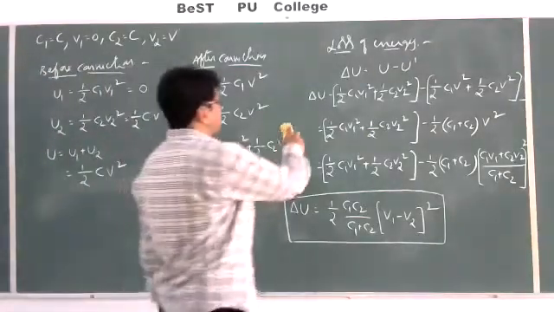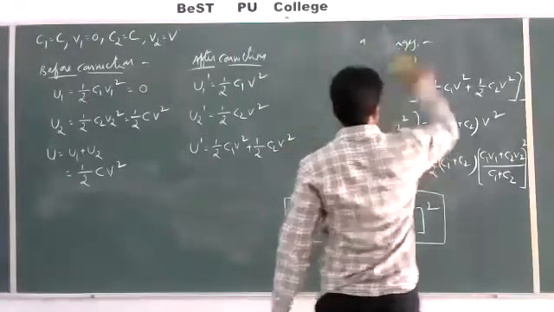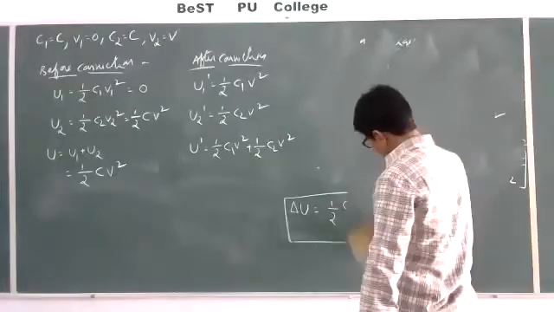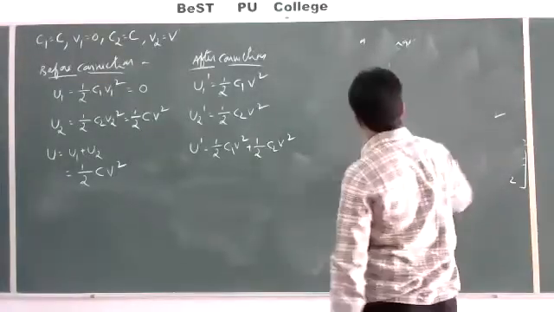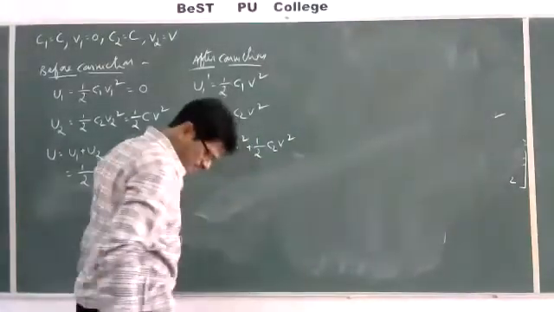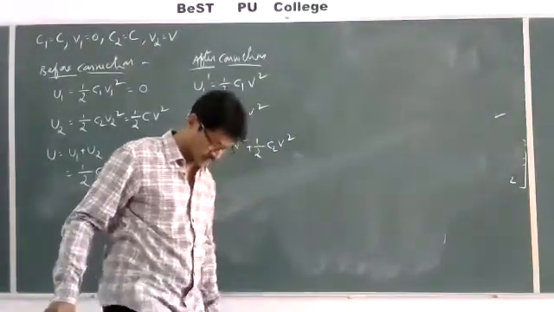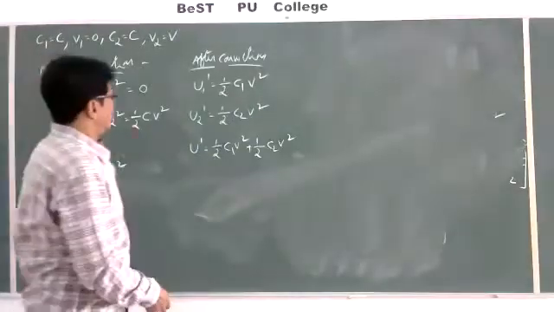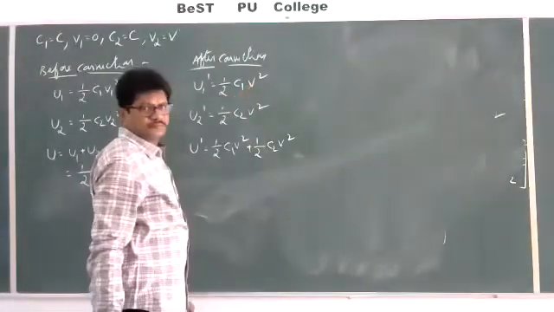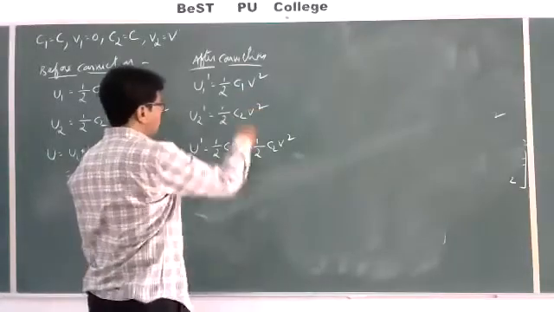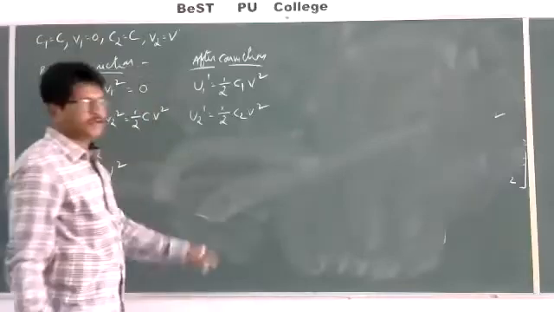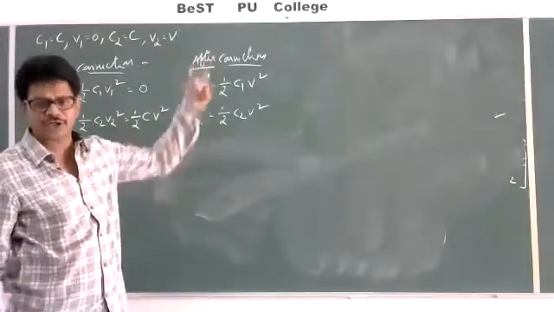Then after connection, the energy is half C1 V square plus half C2 V square. But we don't know the value of V. V is the common potential.